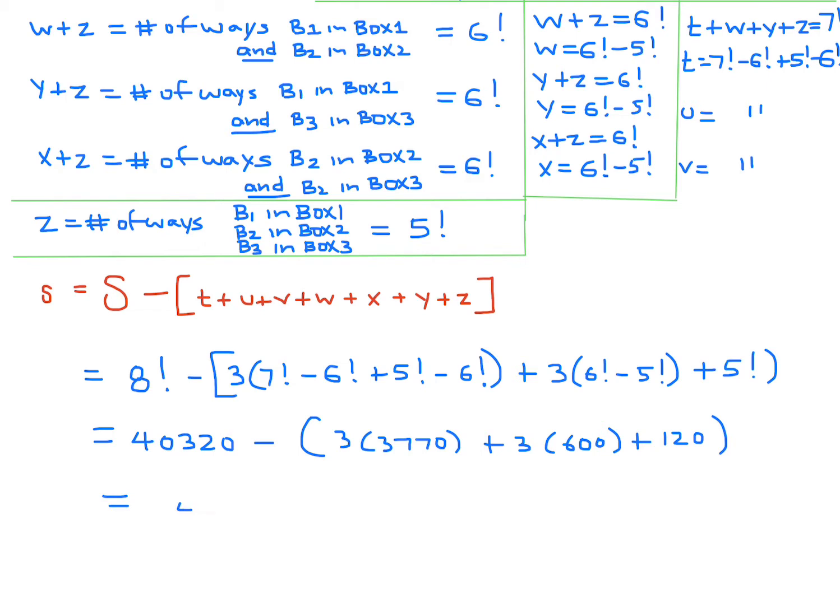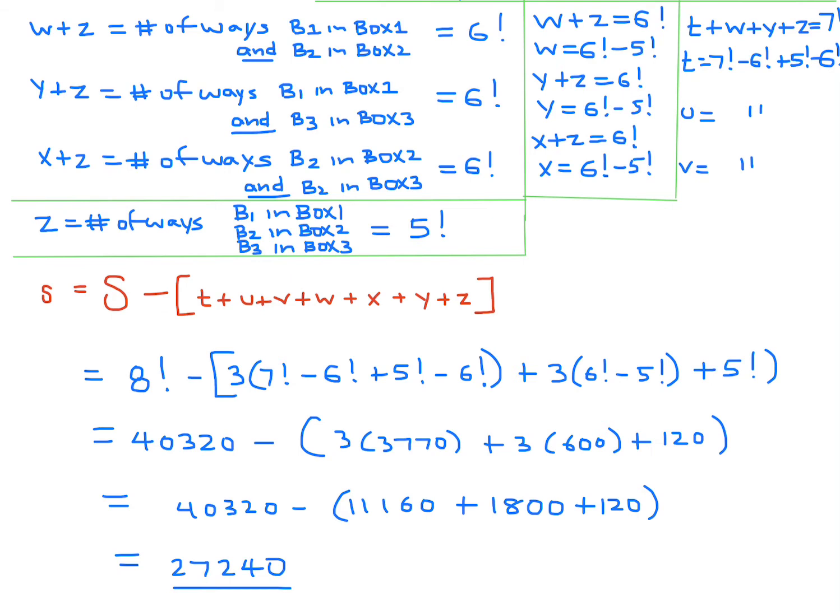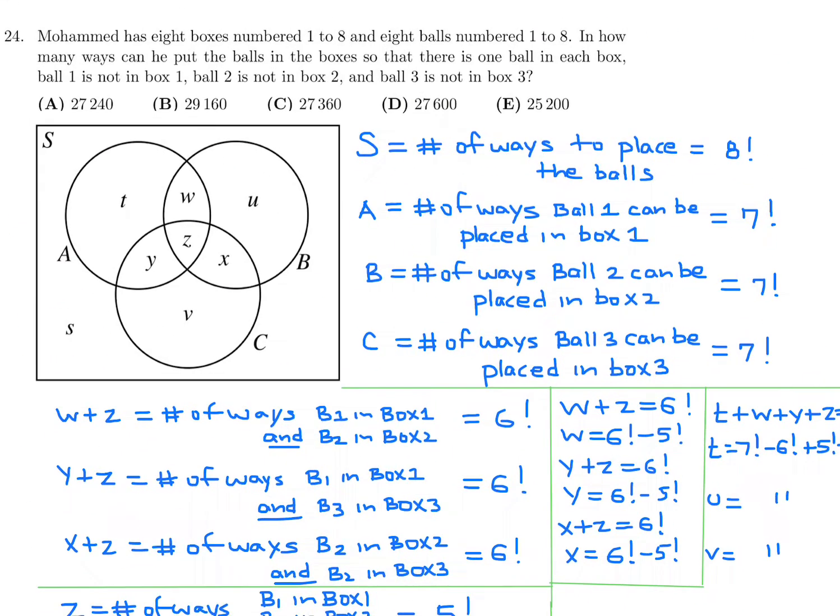And when you do the math, you get 40320 minus 11160 plus 1800 plus 120, and that is all going to equal 27240. And that is your answer. 27,240 is choice A for number 24.